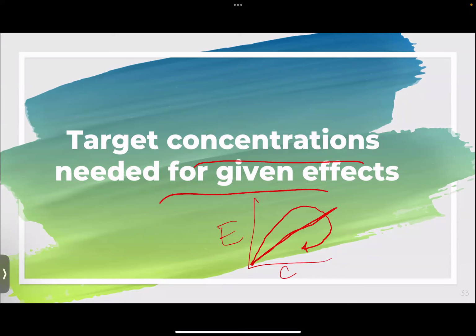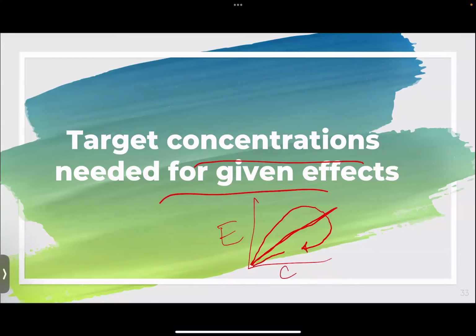That's called a clockwise hysteresis. And what could cause that? Tolerance, right? Even though the concentration is going up, the effect is coming down. That's tolerance usually.